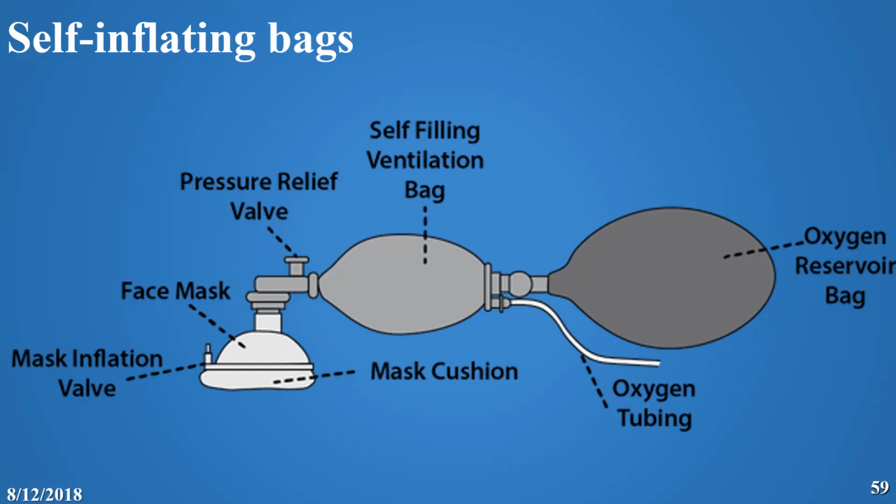Okay, any question about self-inflating bags? And the self-inflating bag can also provide oxygen, but at the same time, it can do ventilation, can wash out CO2. That's why we use it, what we call hand positive pressure ventilation or hand ventilation. Questions?